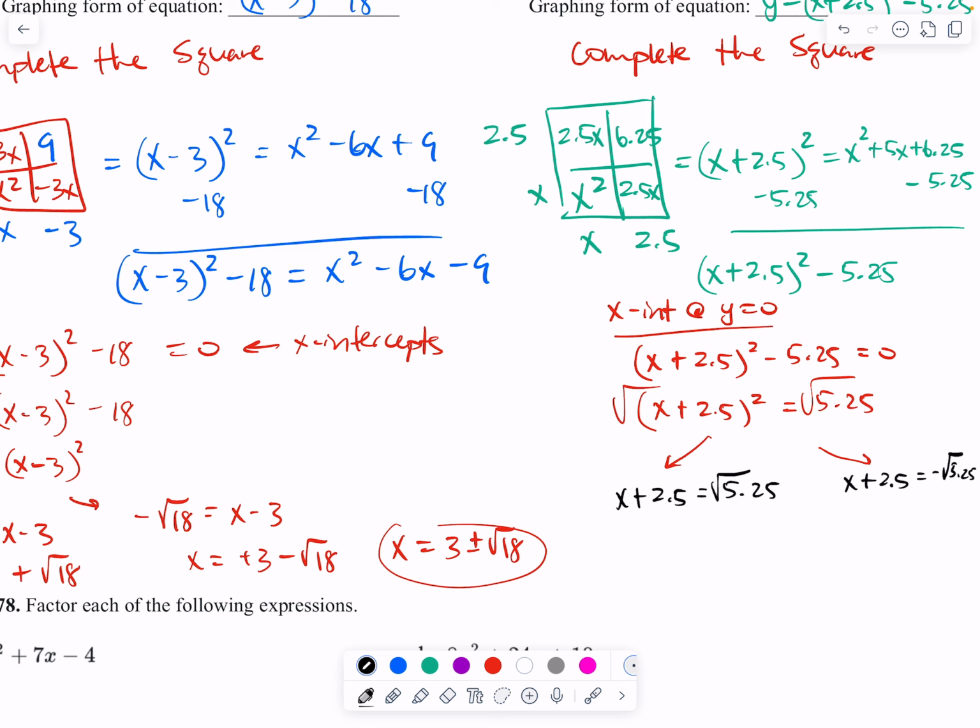And then I'll subtract 2.5. So x is equal to root 5.25 minus 2.5 is my first x-intercept, or from here, x is equal to negative root 5.25 minus 2.5.